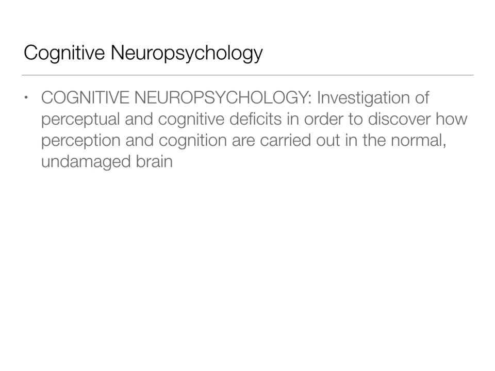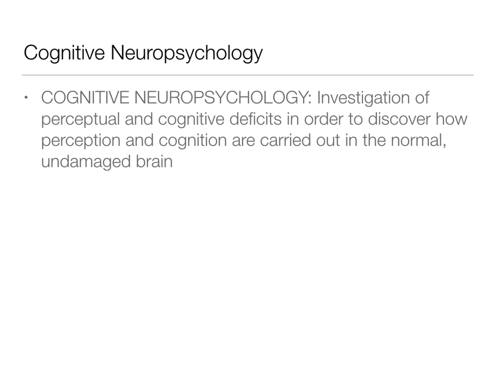So we use cognitive neuropsychology to understand. This is how we've gotten a lot of our information about the brain, especially before we had imaging techniques. This is the investigation of deficits, either perceptual deficits or cognitive deficits, in order to figure out the structure of the brain, what parts of the brain carry out normal function.